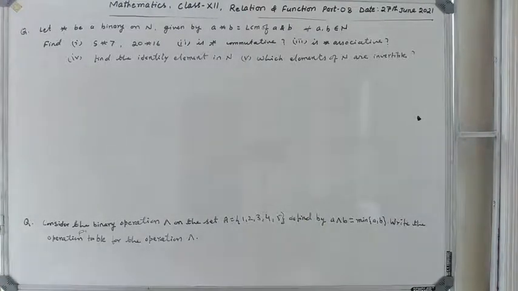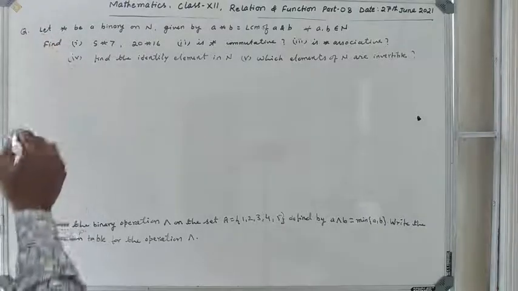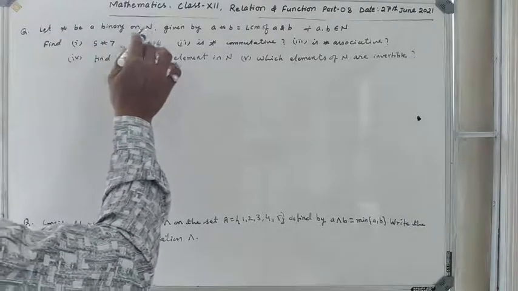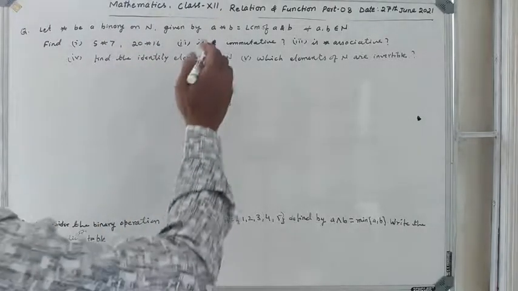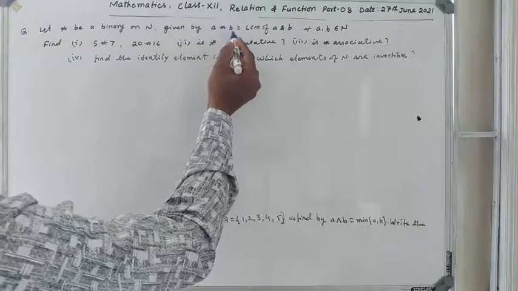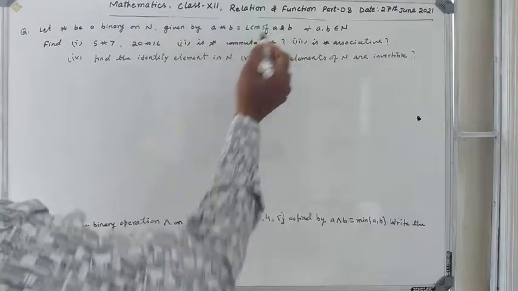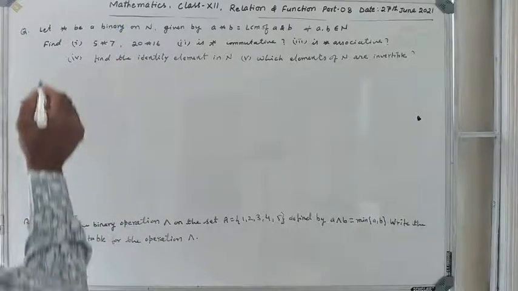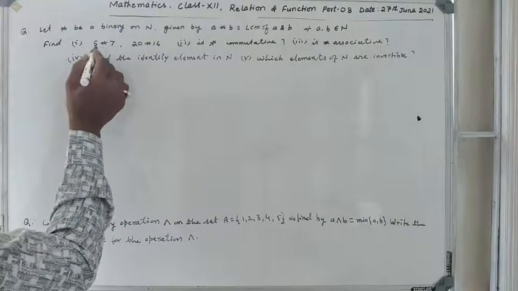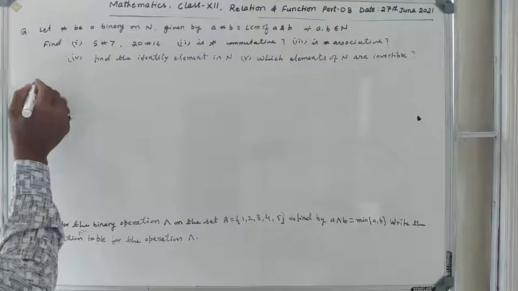Now let us solve two questions. Question number 1 is: let star be a binary operation on set N given by the image of the ordered pair (a, b) is LCM of a and b for all a, b belongs to N. First we have to find the image of (5, 7).